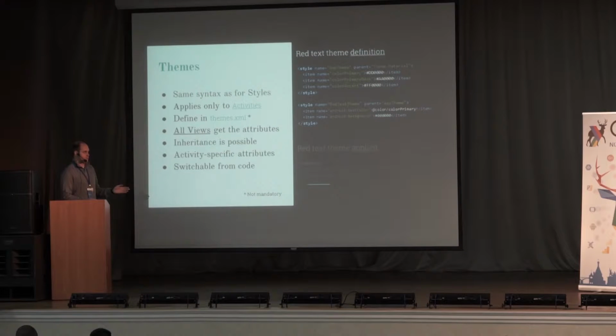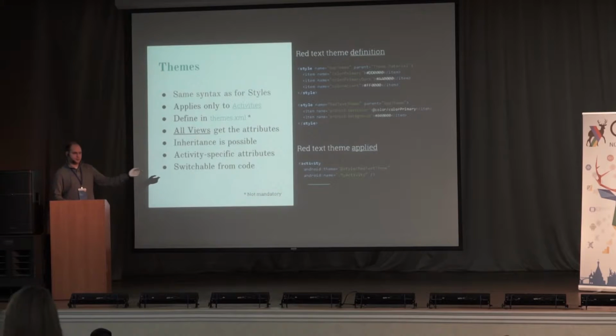Which means if you, for some reason, want to have every TextView with red text, you just apply this kind of theme, and all of your TextViews will have red text. Another important thing to note is that we use the Android namespace here, so it's not theme, it's android:theme.